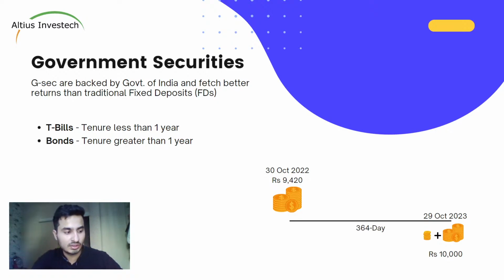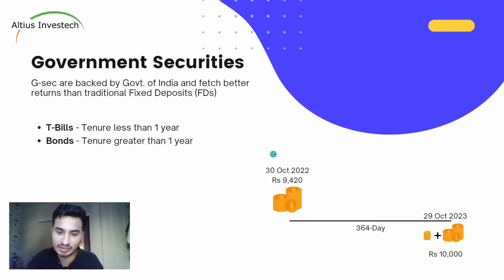So looking at an example for a T-bill. Say you are investing in a T-bill tomorrow that matures in the next 364 days, and its face value, that is the value of the T-bill, is rupees 10,000. T-bills are basically zero coupon bonds that can be bought at a discount.